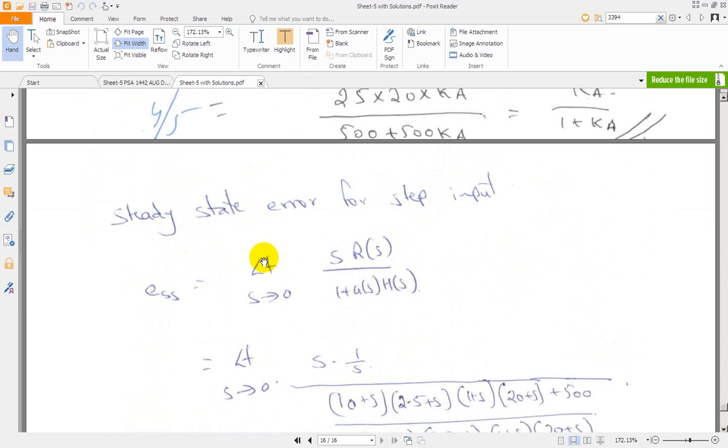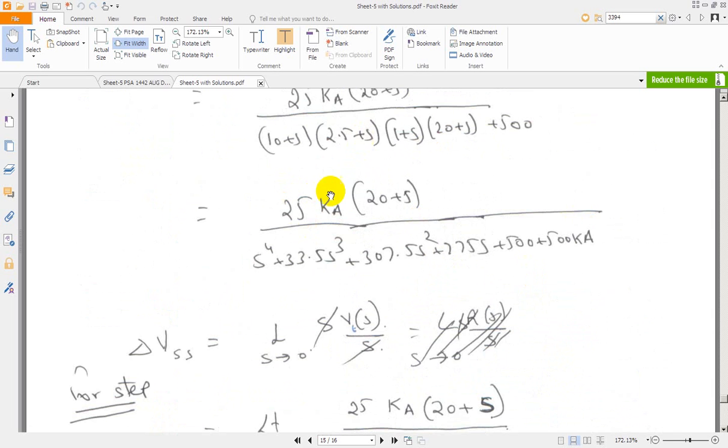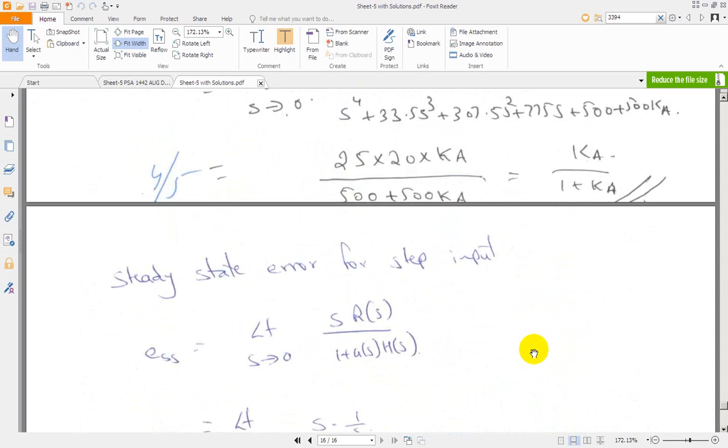Coming to the steady state error for the step input, steady state error is equal to limit s tends to 0, s of R of s divided by 1 plus G of s into H of s. Limit s tends to 0, s into R of s, whose value is 1 by s, divided by 1 plus G of s into H of s, which has been evaluated here and we got this value. Just substitute this value.